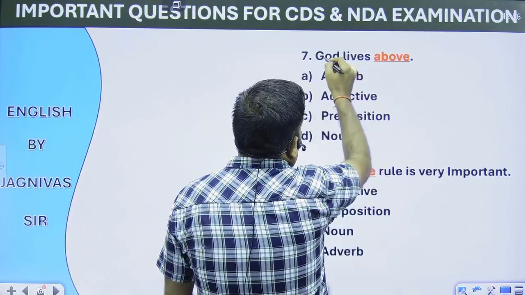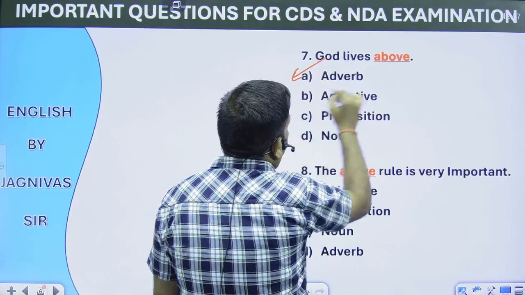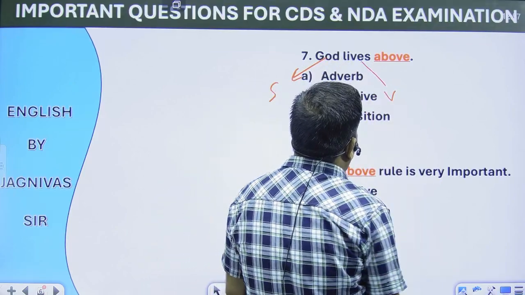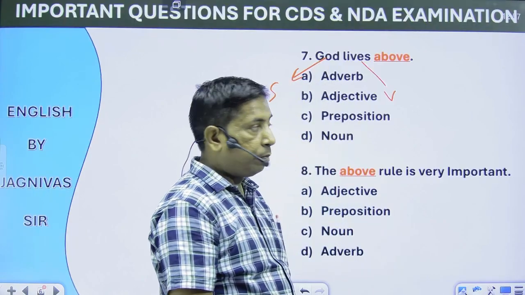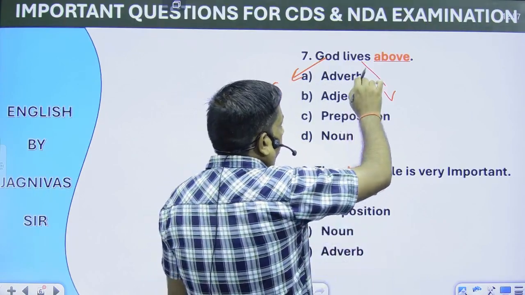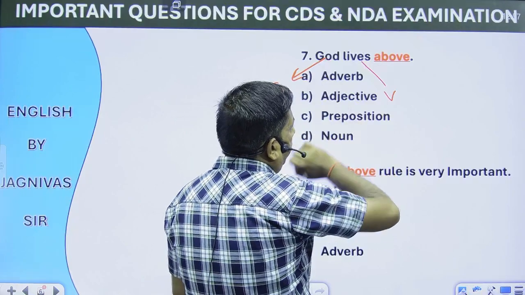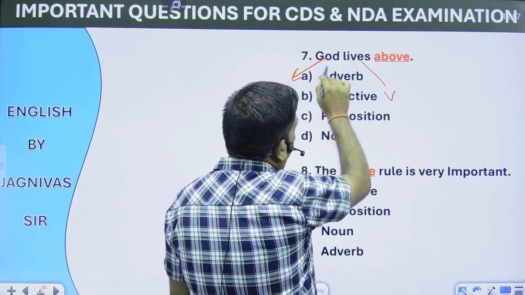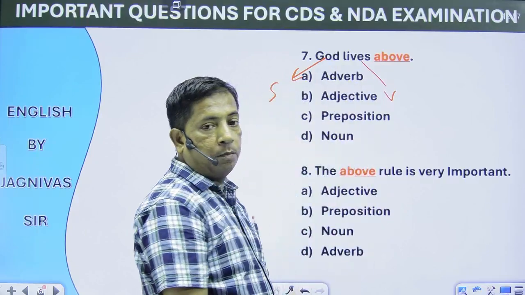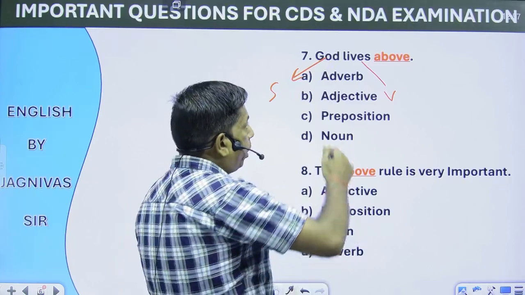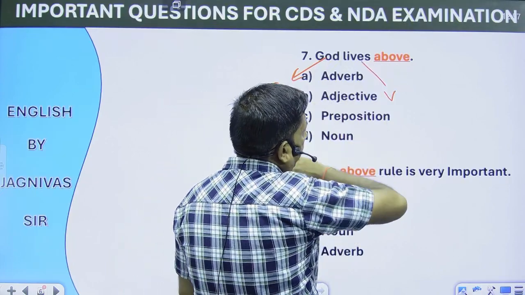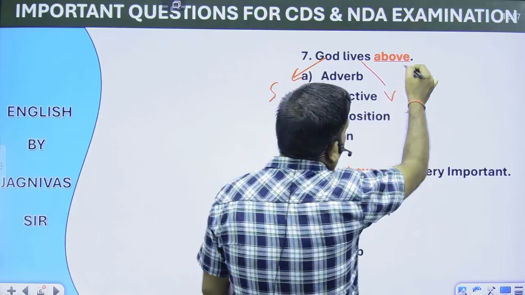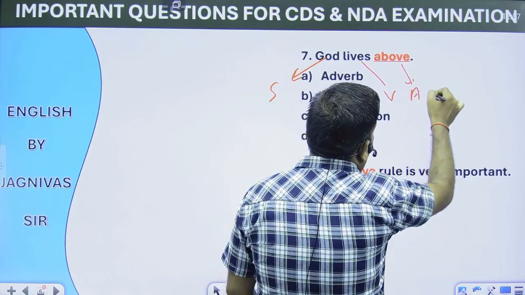If you see, this is the subject, this is the verb, and you have to see whether above is used for God or lives. You know that above has been used for lives. It means for the verb. Then this is an adverb.